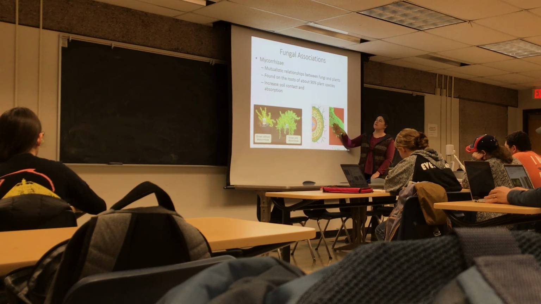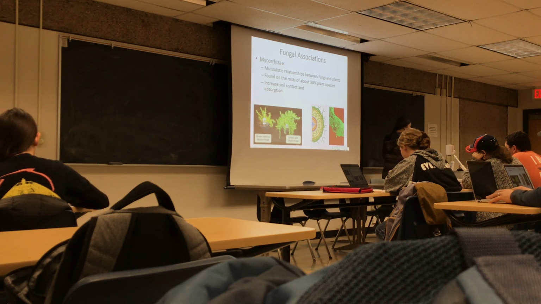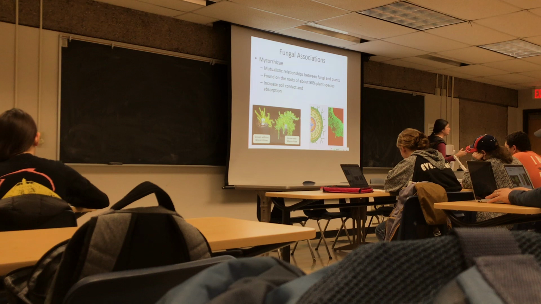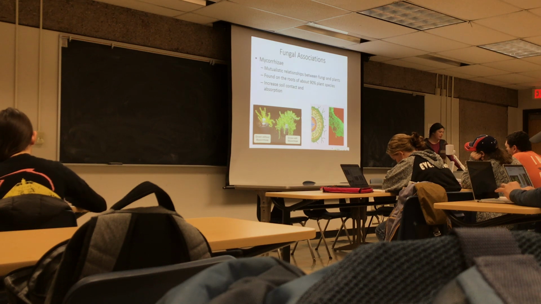And again, this increases the surface area even more, so they have even more contact with the surrounding soil. And the mycorrhizae really allow plants to absorb a lot more nutrients than they would be able to otherwise. Okay, other questions about this so far?